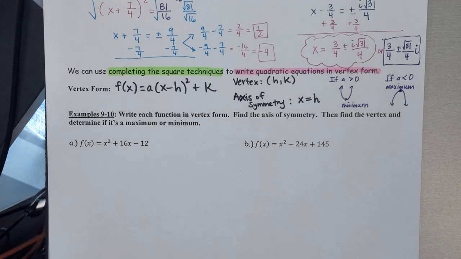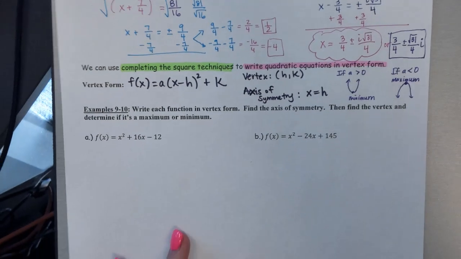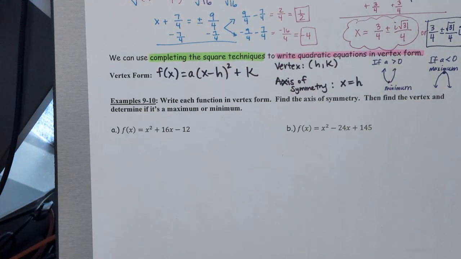So you are going to have to identify whether or not there is a maximum or a minimum. So if a is positive, it opens up, there's a min. If a is negative, it opens downward, there's a maximum.